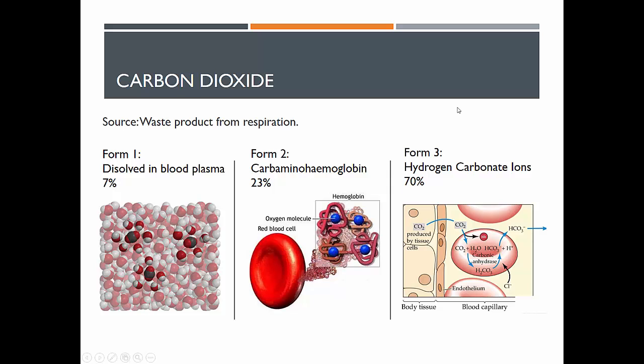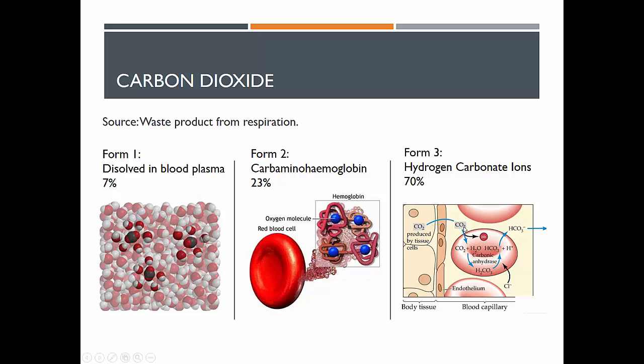The majority of carbon dioxide, though, is carried in hydrogen carbonate ions, and this is a hydrogen carbonate ion over here, HCO3-, and it's produced by carbonic anhydrase, in a reaction with water. So the cells produce the CO2.